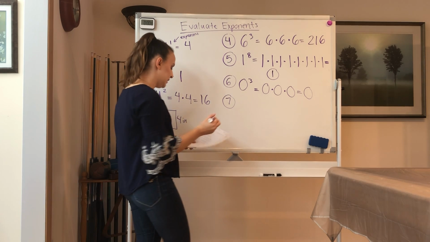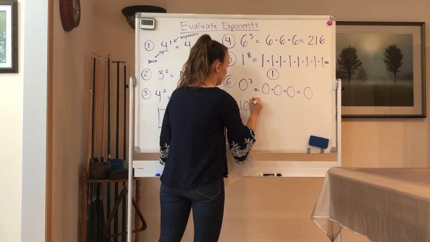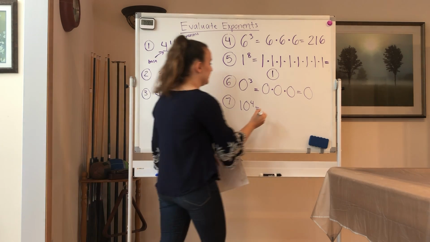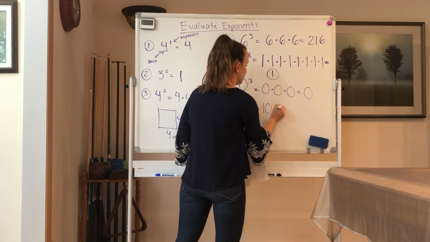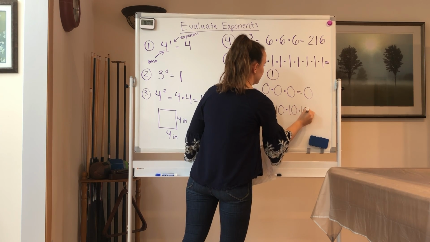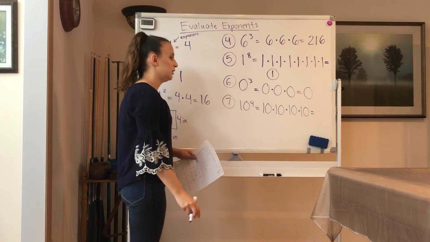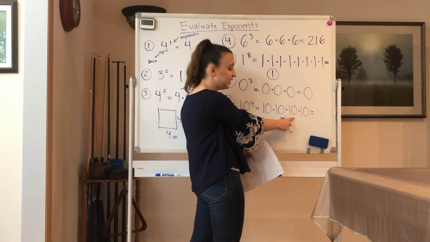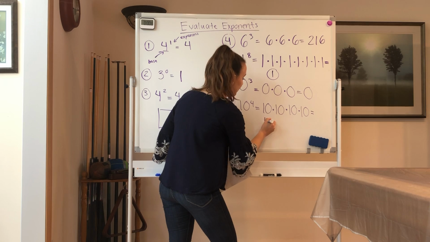Number 7, 10 to the 4th. Okay, so 10 to the 4th is 10 times 10 times 10 times 10. 10 times 10 is 100, times 10 is 1,000, times 10 is 10,000.